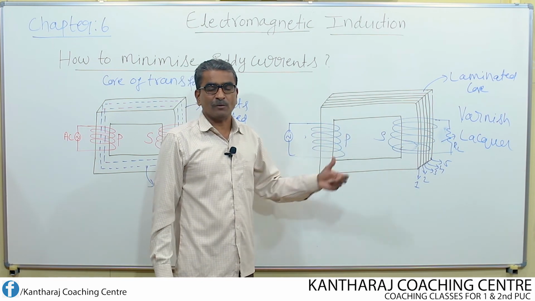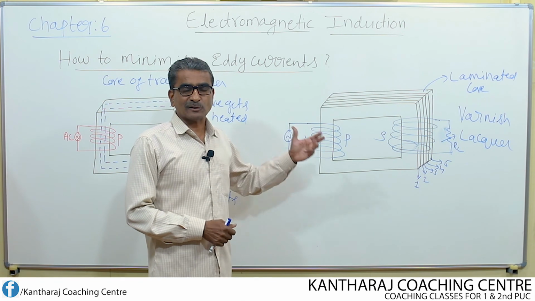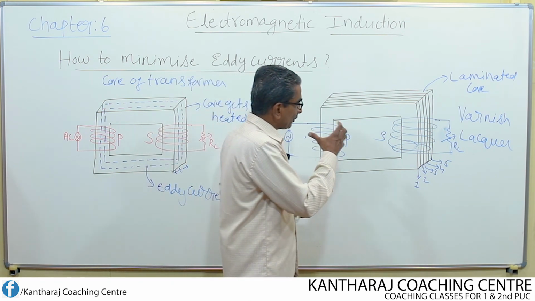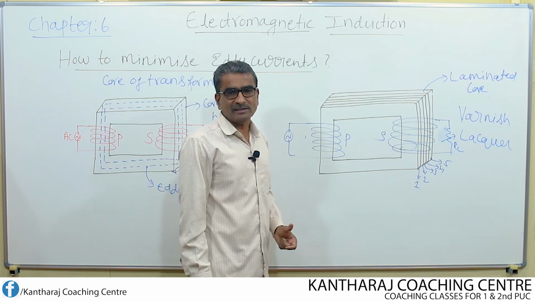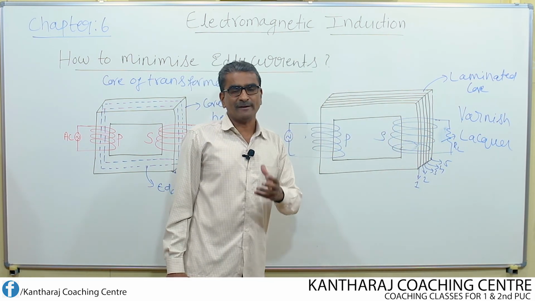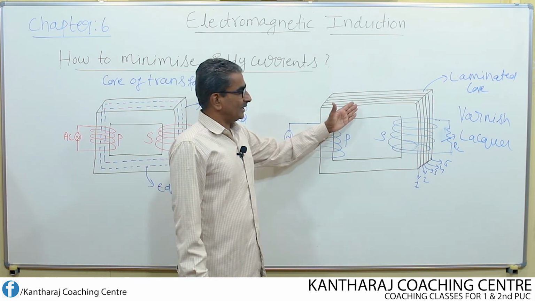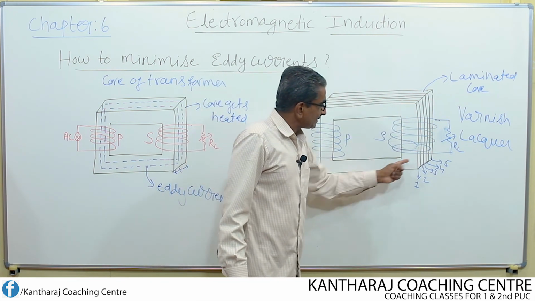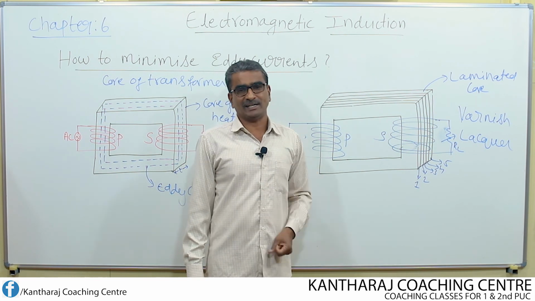So this is how we can minimize the eddy current, and also minimize the amount of heat produced, and we can protect electrical devices or appliances like the transformer, the chokes, the armature core of the motor, as well as the generator. So the purpose of laminating the core itself is to reduce the eddy current.